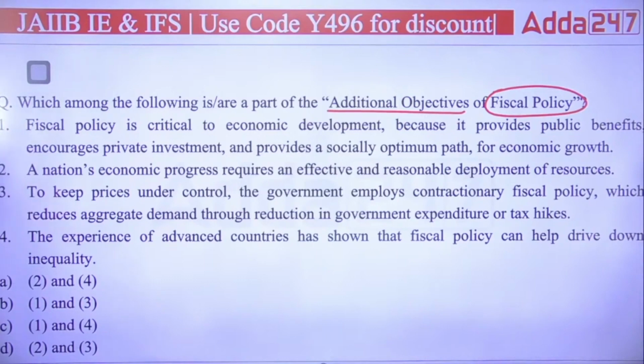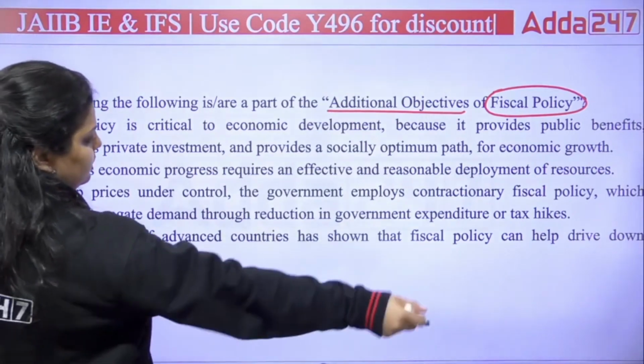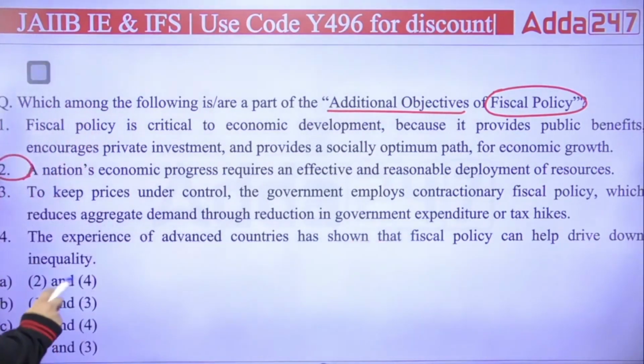Second, our nation's economic progress requires an effective and reasonable deployment of resources. To keep prices under control, the government employs contractionary fiscal policy, which reduces the aggregate demand through reduction in government expenditure or tax hike. This is true. This is the primary objective of the policy. Then experience of advanced countries has shown that fiscal policy can help drive down inequality.